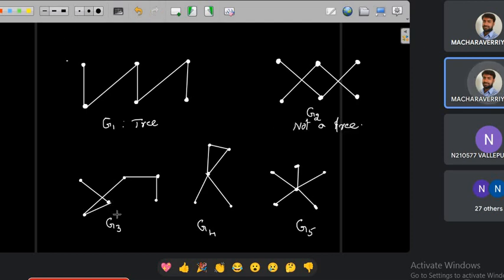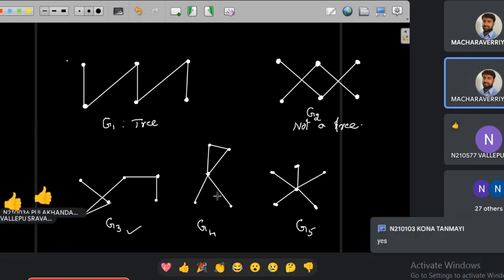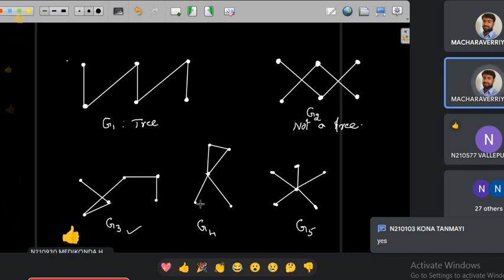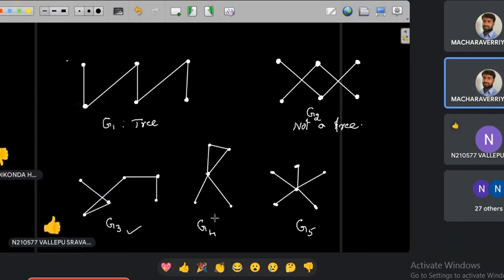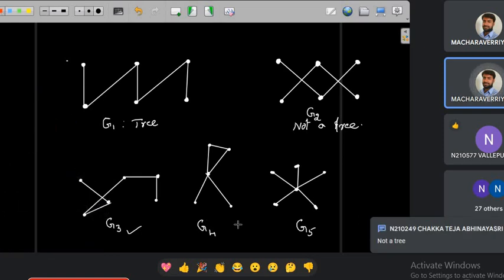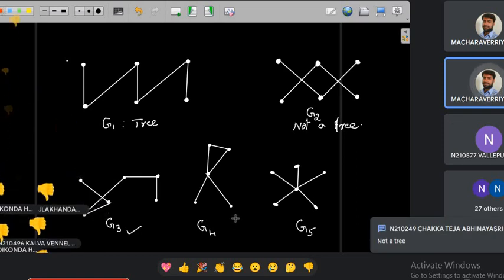So how about G3? Is it a tree? Yes. This is a tree, because it is connected and you're not finding any simple circuit in it. How about G4? Yeah, G4 is not a tree. What is the reason?